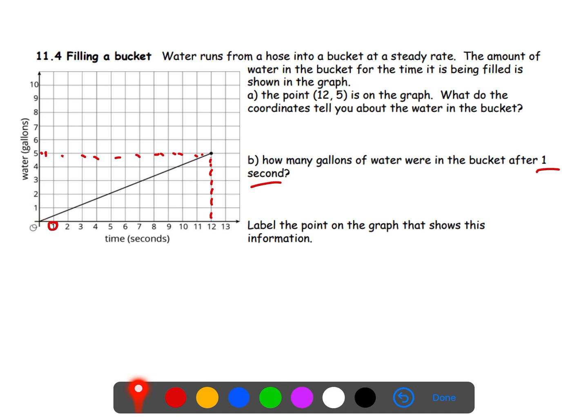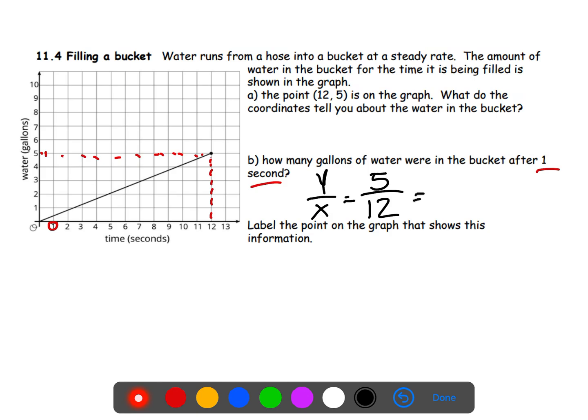So remember, we can always find the unit rate, the constant of proportionality, by taking y divided by x. Let's take our y value from our ordered pair here, from our graph. Our y value is 5. So 5 divided by 12 is going to give me that constant of proportionality.